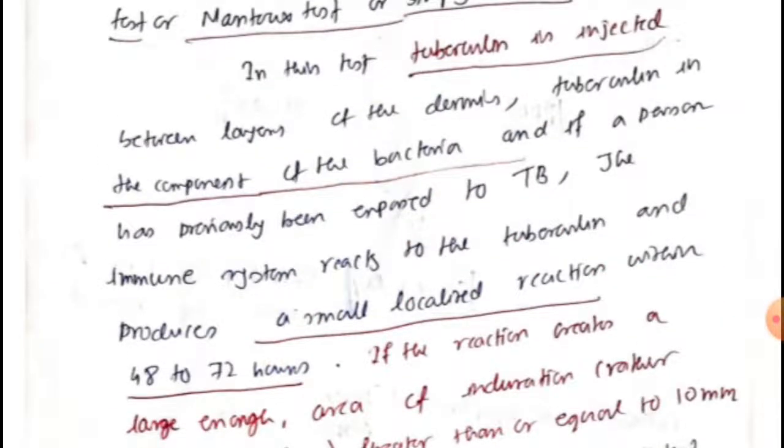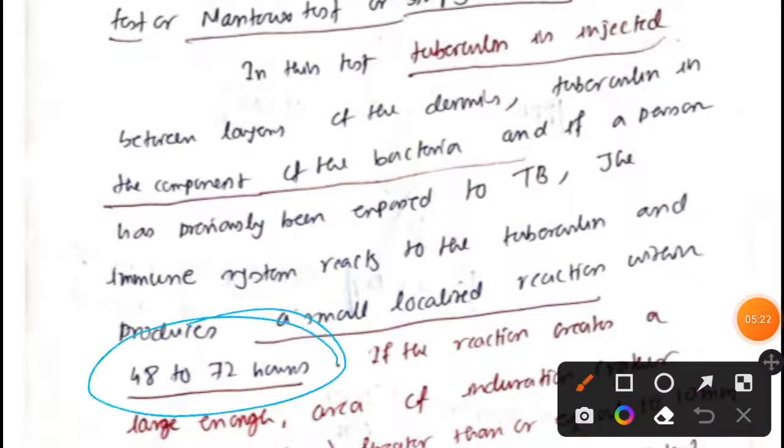Now I need to tell you why it takes about 48 to 72 hours to show its action despite being a secondary exposure. If you have any basic knowledge of immunology, you know that secondary exposure usually occurs very quickly. Then why does it take 2 to 3 days? Because delayed type hypersensitivity, or type 4 hypersensitivity, depends on cell mediated immunity.